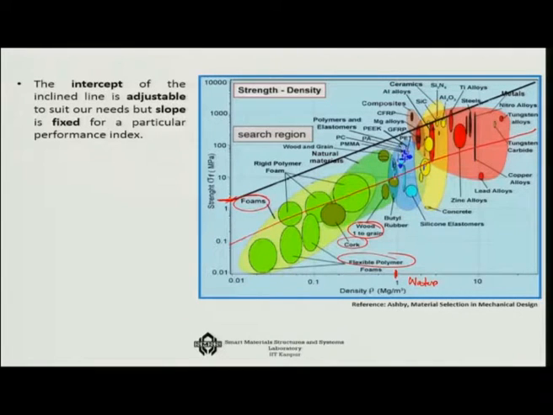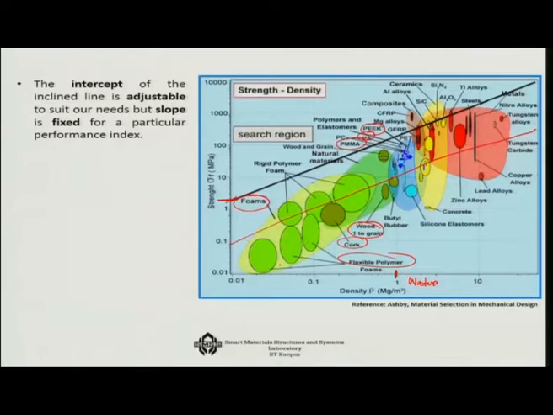And then what comes into picture? Gradually, if we go up, we start to see on the higher density side some of the high performance polymers like PEEK, polyether ether ketone, polyaniline, PMMA, this type of polymers will come. After that, from the yellow group we go to the plastic group.